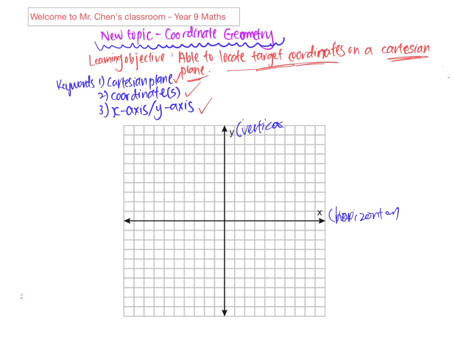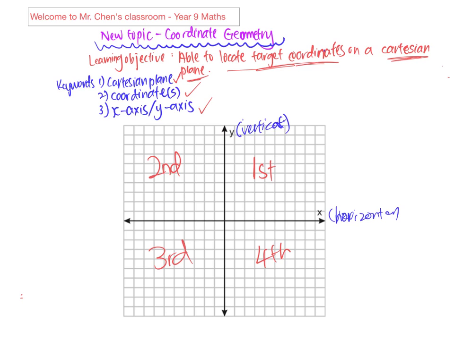These two lines form 4 boxes. The way the boxes work is you have box number 1, box number 2, box number 3, and box number 4.